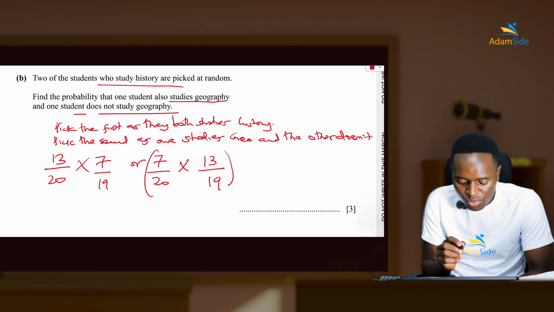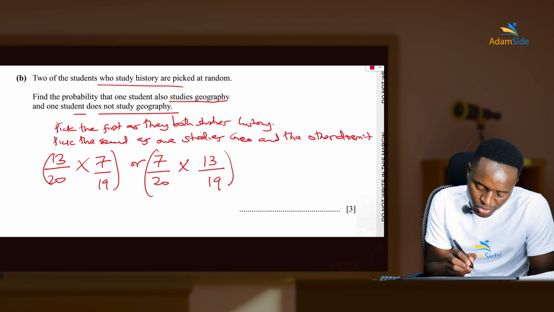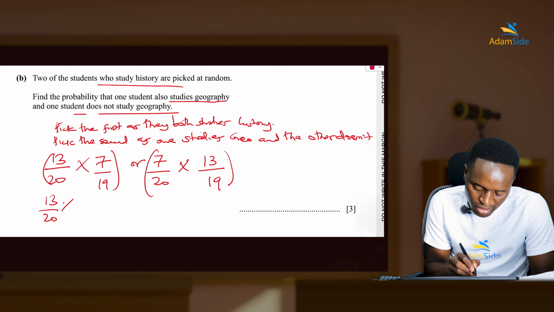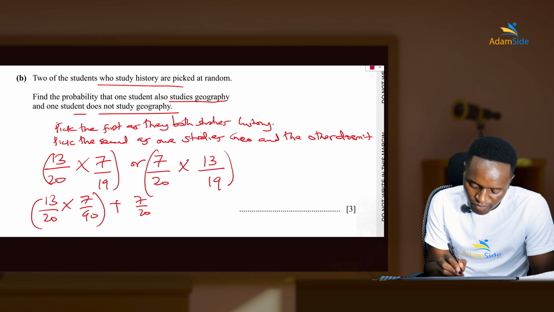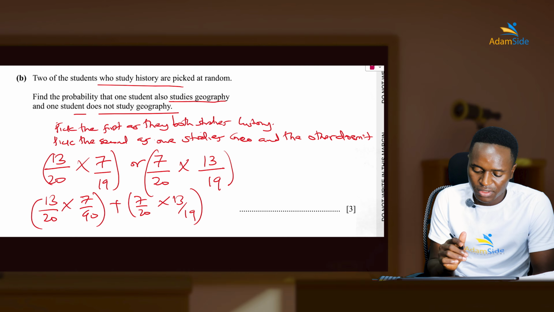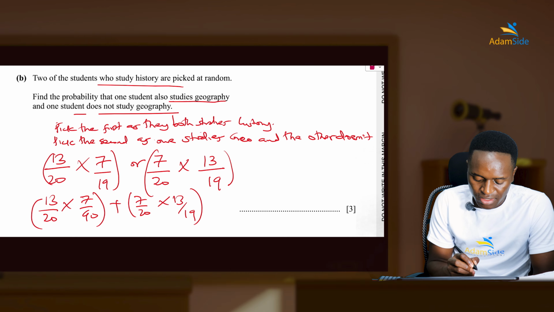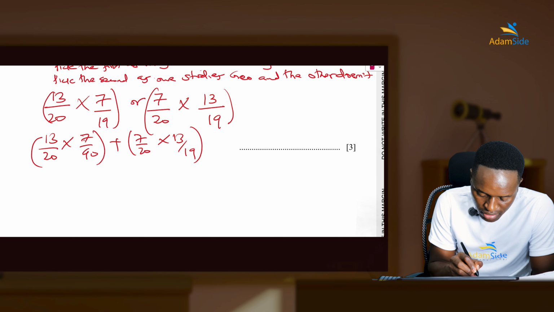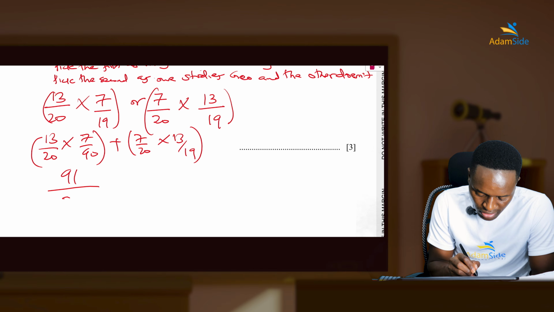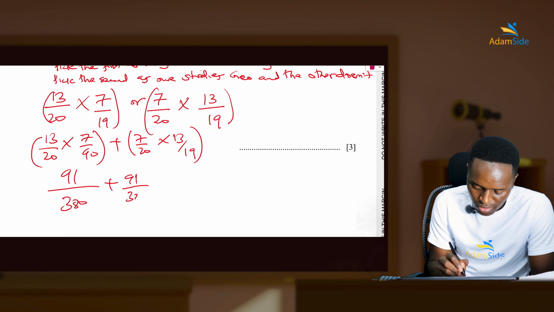Correct. So these two events. Then what you need to do when you have independent events, you multiply together and then the product you add up. Scroll down. 13 times 7, what do you get? You get 91 out of 380 plus 91 out of 380.